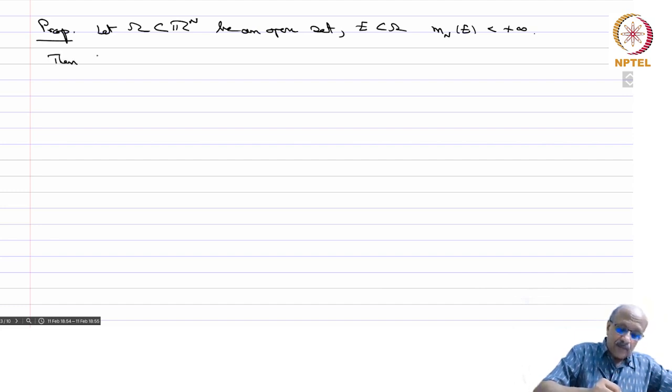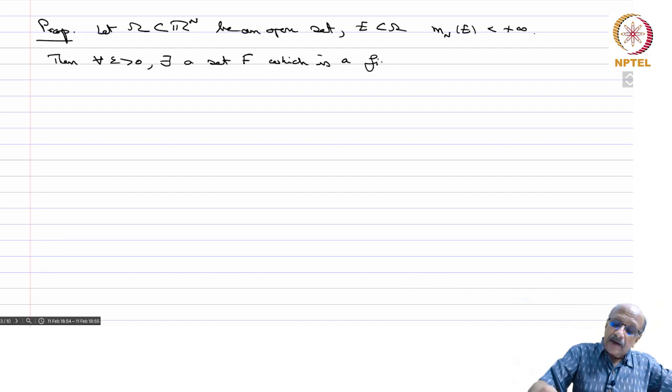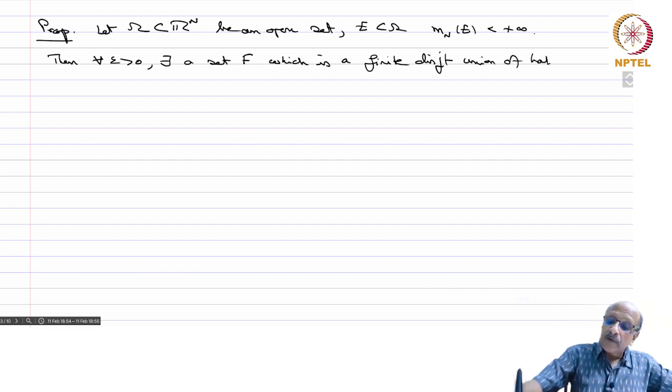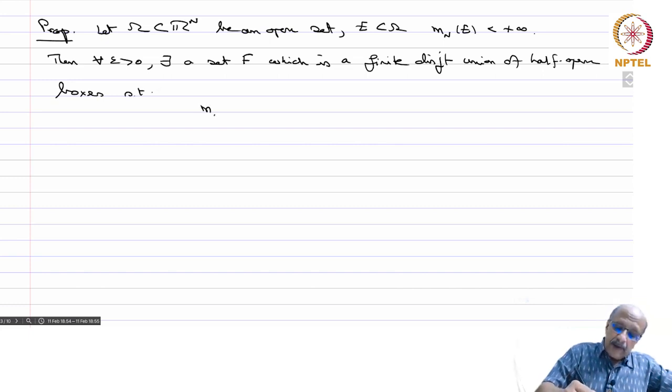Then for every epsilon positive, there exists a set F which is a finite disjoint union of half open boxes such that Mn of E delta F, delta is a symmetric difference, is less than epsilon.